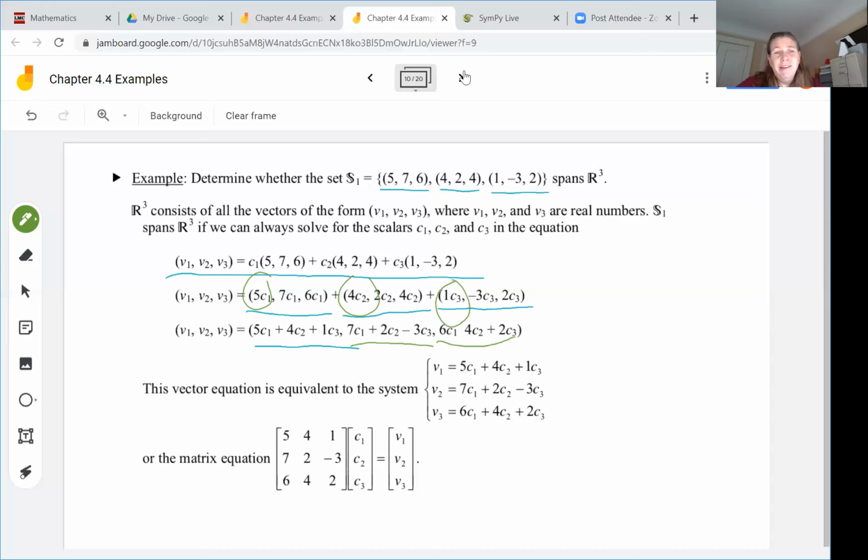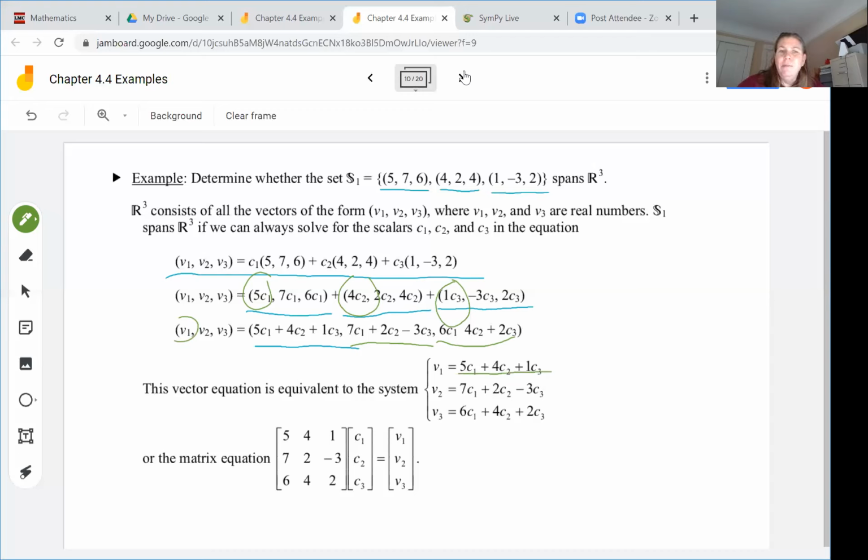So we are going to rewrite this as a system. So this is equivalent to saying, well, element v1 equals 5c1 plus 4c2 plus 1c3. Element v2 is going to equal 7c1 plus 2c2 minus 3c3. And element v3, the third element in our vector, is going to be a combination of 6c1 plus 4c2 plus 2c3.